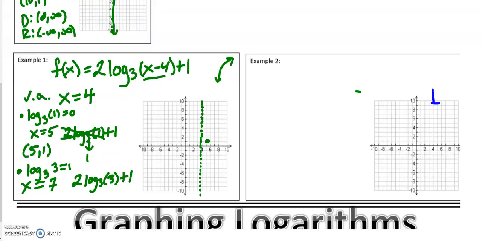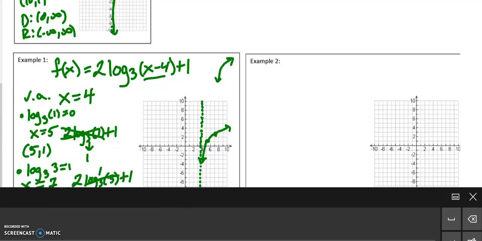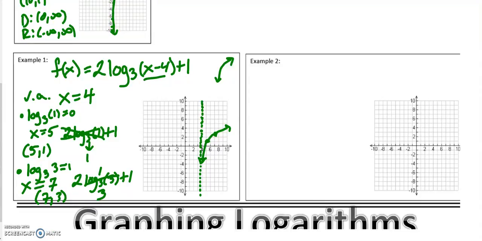Well, we know that this is 1, so 2 times 1 is 2, plus 1 is 3. That represents (7, 3). So I go to (7, 3) and get myself an ordered pair. So in this case, I just go ahead and draw my logarithm graph.